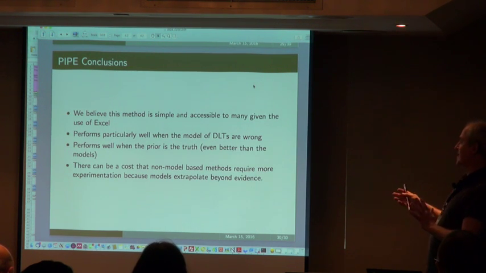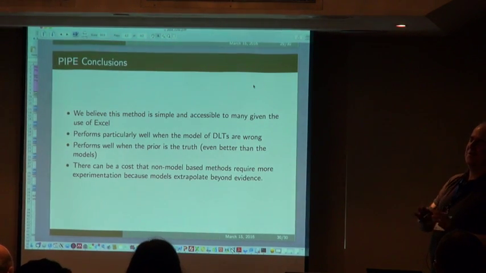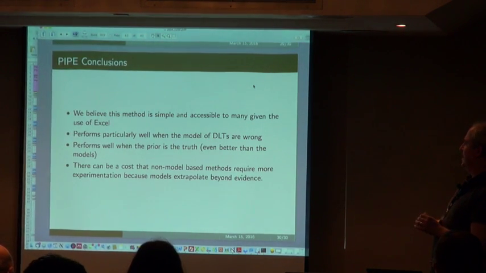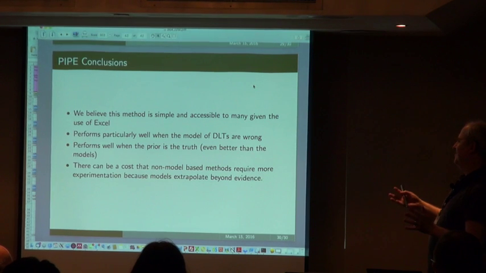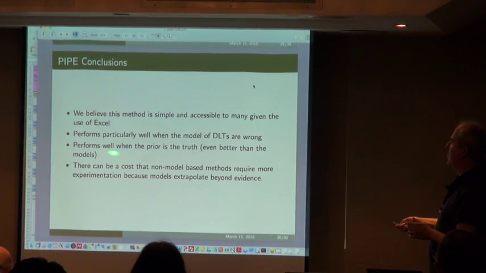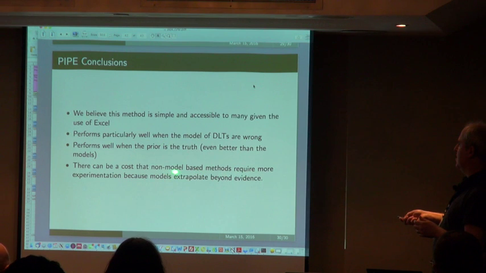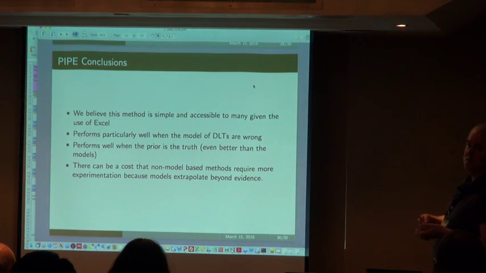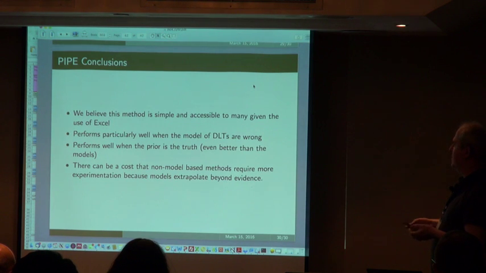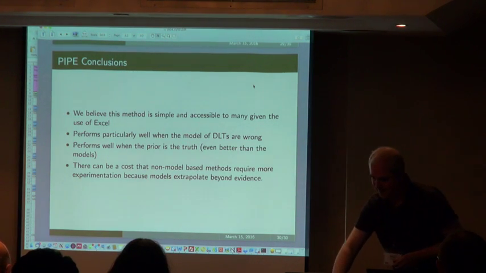A lot of clinicians are very skeptical about models, so we're trying to remove the model so people can implement it better. Like I said, it performs very well when the prior is actually the truth, and there is a cost to being non-model based. You need more experimentation because the models do some of the filling in of the gaps. So yeah, I think that's all I've got to say. Thanks.